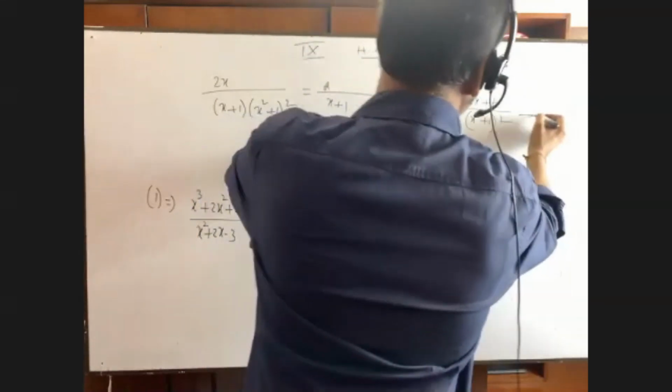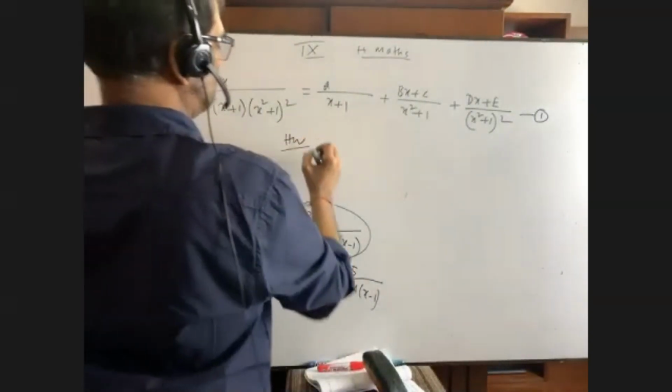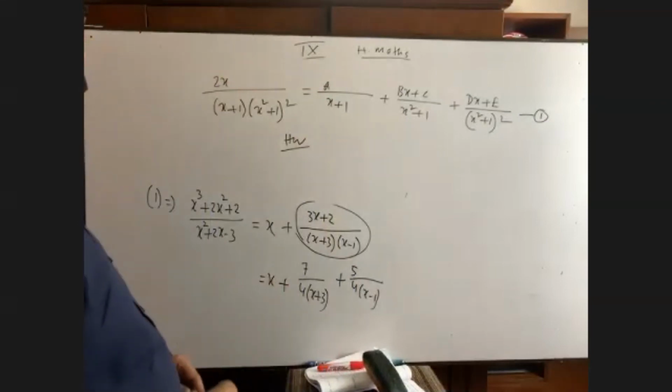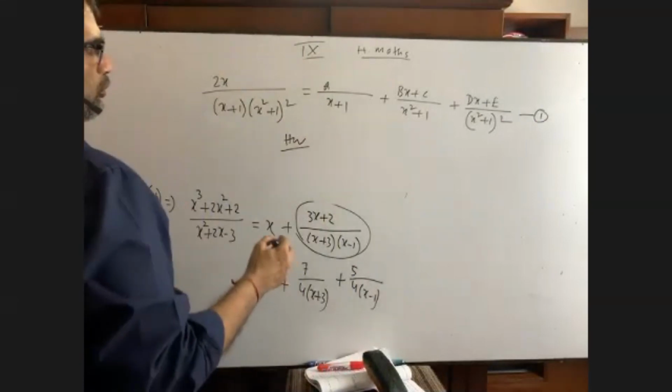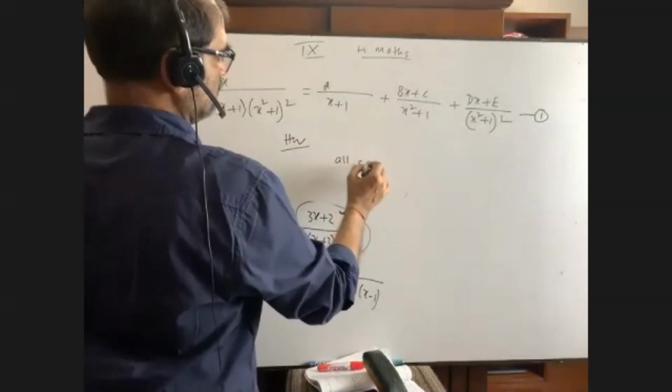It is 1. It is your homework. You do it and post it into Messenger group. No partial fraction will be done. This is the last one. But you are required to do all the examples of partial fraction.